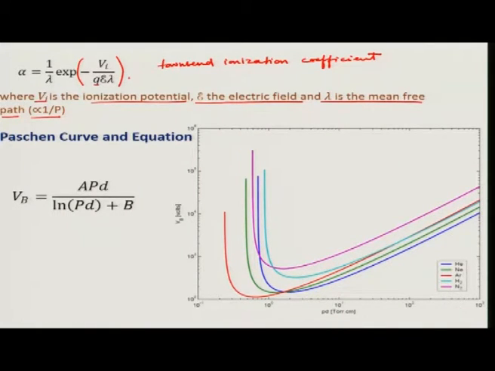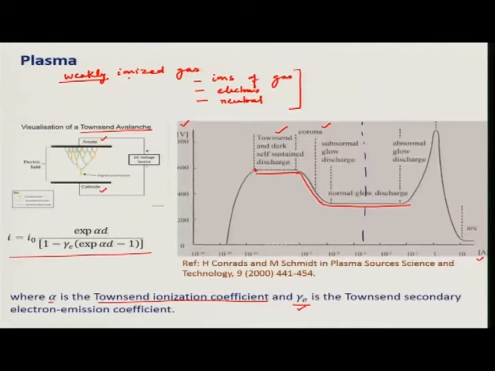Now, to have a self sustained plasma, this current should be very large in this region, so you do not have to provide any additional voltage for the plasma to keep itself alive. In that case this I will tend to infinity, very large, which means that this factor in the denominator must go to 0.